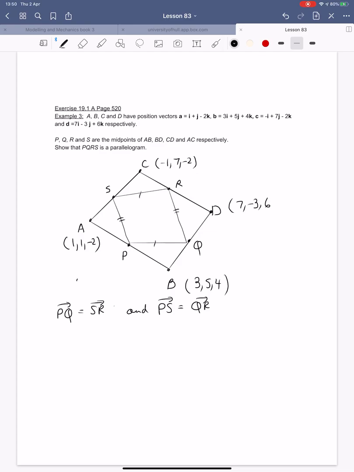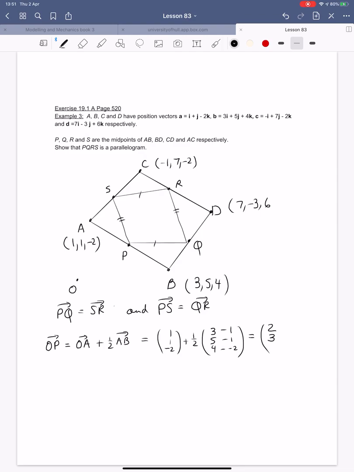Okay, so we've got some sort of origin here. Right, O to P is O to A plus a half A to B. So it's 1, 1, minus 2 plus a half of, if you remember, A to B is B minus A, so it's 3, 5, 4 minus 1, 1, minus 2. 1 plus a half of 2 is 2. 1 plus a half of 4 is 3.